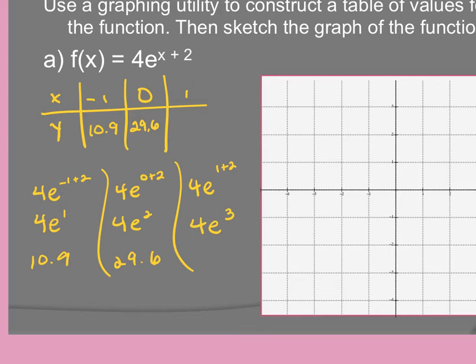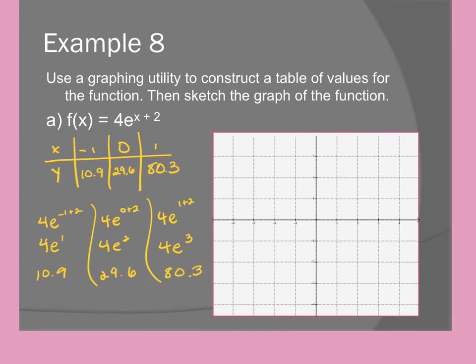And 4e to the third is 80.3. What number do you round to? For graphs, I would say nearest tenth is fine. You're not going to be able to get any more accurate than that.